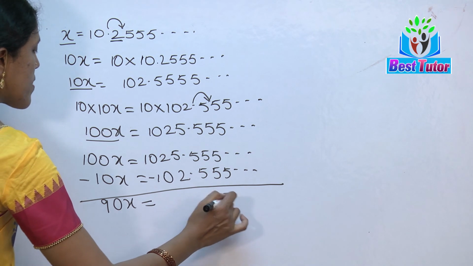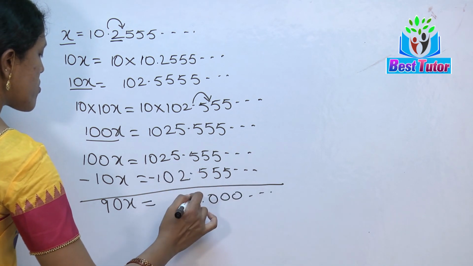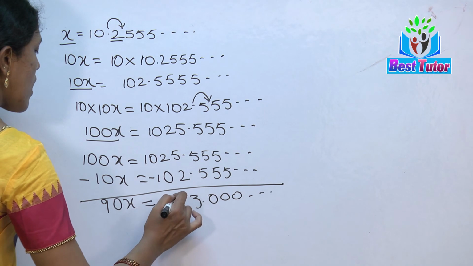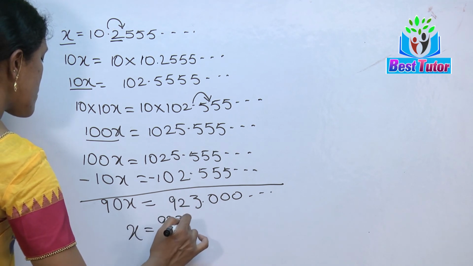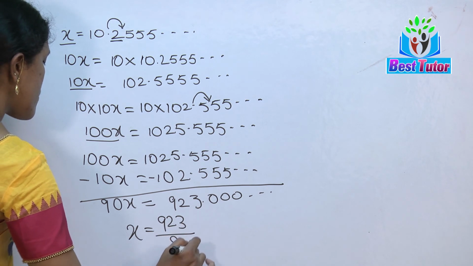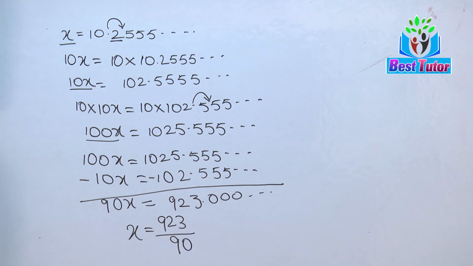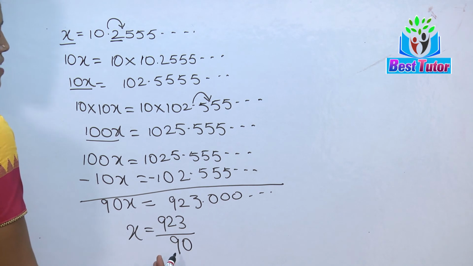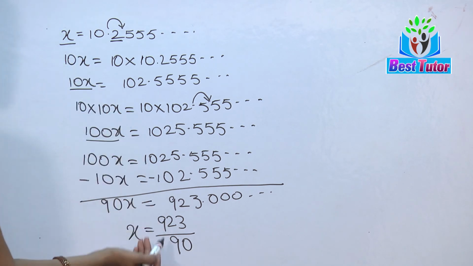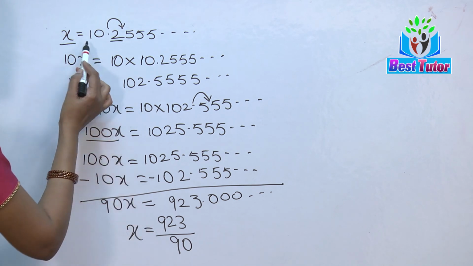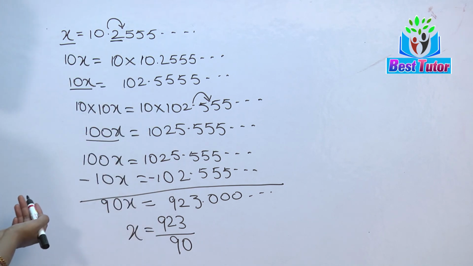The entire decimal part becomes 0. 5 minus 2 is 3, so 900 minus 90 is 90 in the denominator, giving 923 by 90. So x is equal to 923 by 90. If there are any common factors, we have to cancel. 923 and 90 do not share any common factors. So this is the fractional representation, or rational number representation, of 10.2555 and so on.